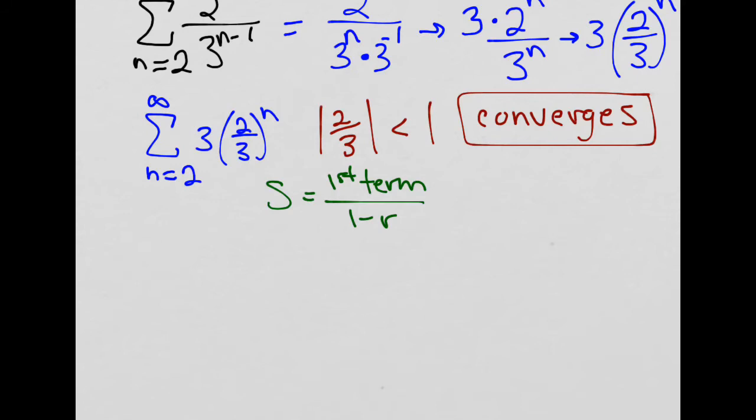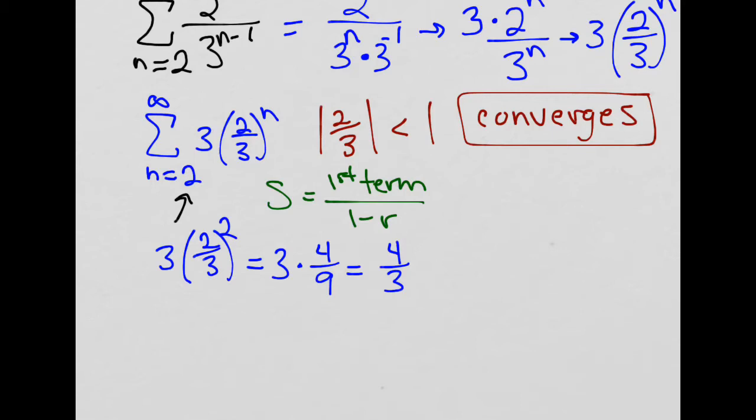We start at n equals 2, so we plug in 2 to our sequence expression to find what the first term is. That'll be 3 times 2/3 to the second power, which is 3 times 4/9, which is 4/3.